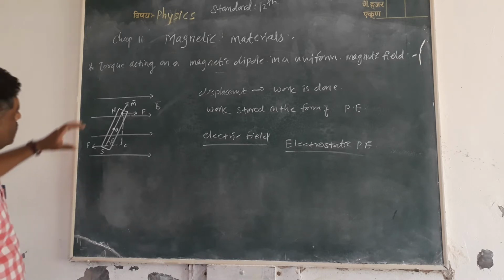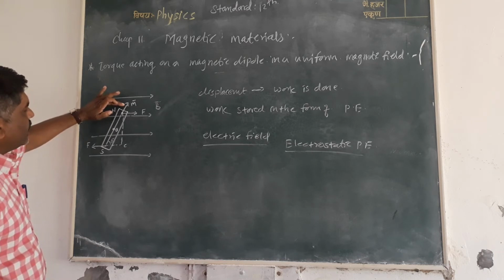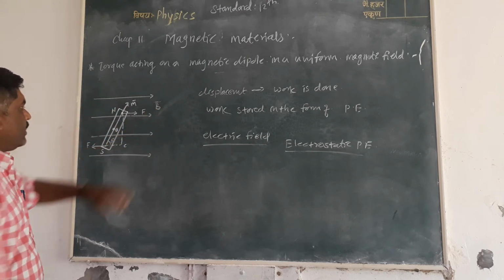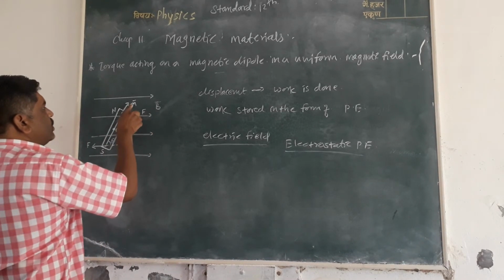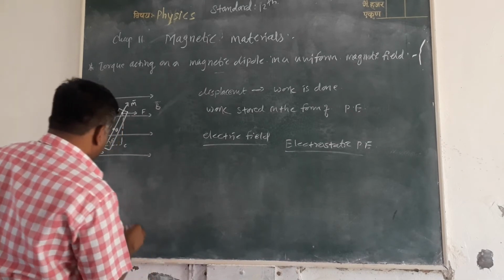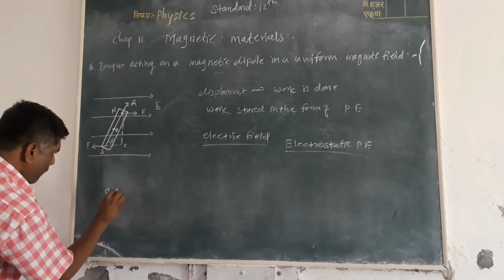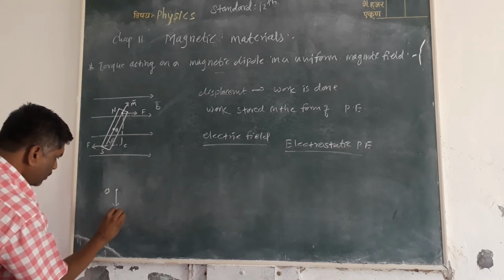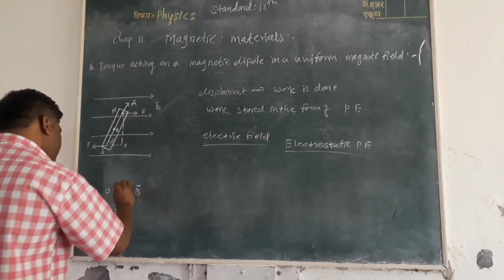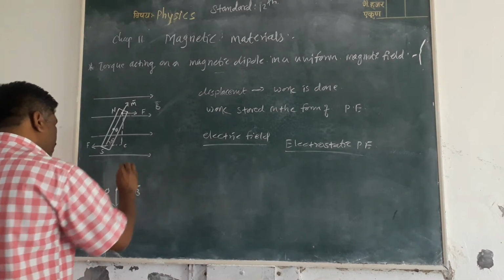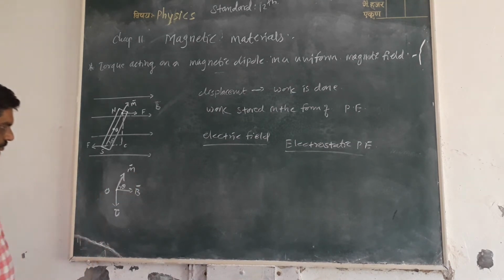Now this is the direction of m bar, that is magnetic dipole moment, force, direction of magnetic field, and this theta is the angle between m bar and B bar. Suppose this is the point O, this is the direction of torque, this is the direction of magnetic field, this is the direction of m bar, and this is the angle theta.